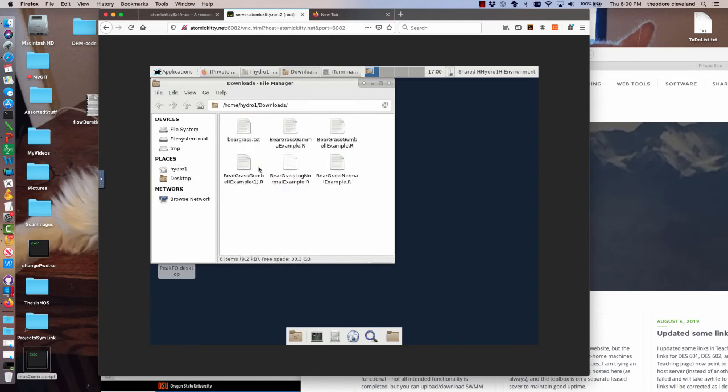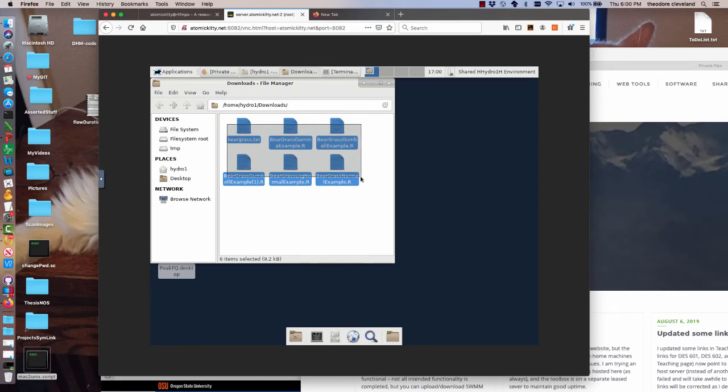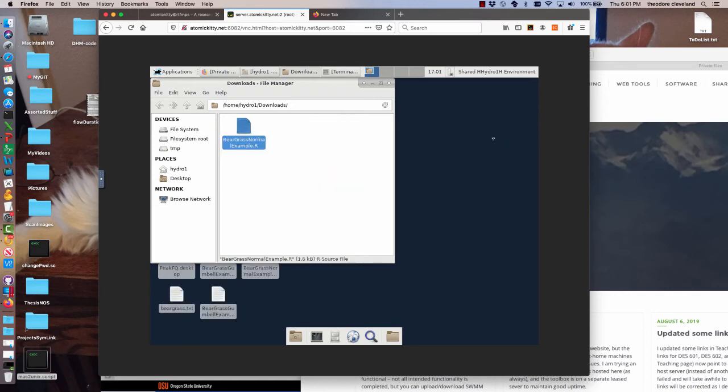Downloads. Gamma, Gumbel, Gumbel 2, Log Normal, Normal. Okay, I think that's all we need. I'm going to move these to the desktop.